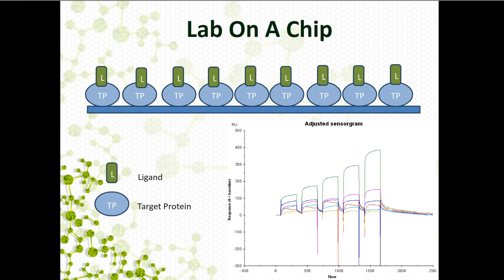As we can see in this illustration, this is the chip, and then we can see the immobilized target protein, and then we can see the ligands that bind. Every ligand that binds gives a change in the response units. Okay.